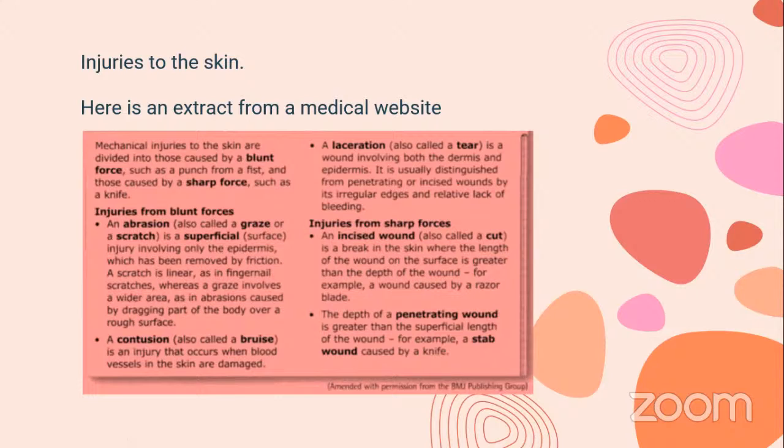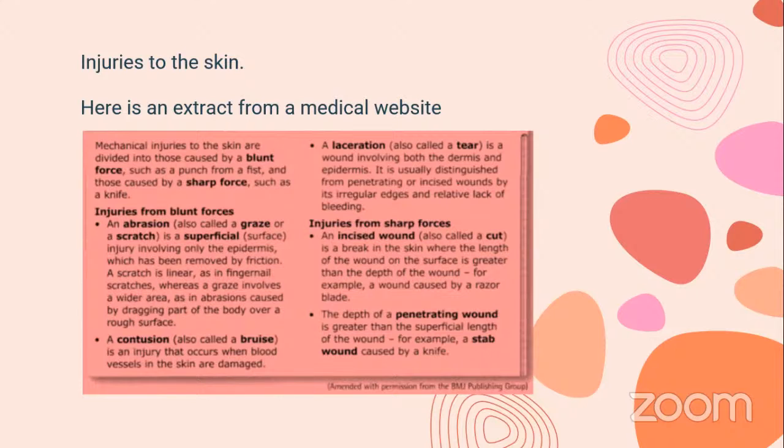Mateo, can you help me reading this part, please? Okay. Injuries to the skin. Here's an extract from a medical website. Mechanical injuries to the skin are divided into those caused by a blunt force, such as a punch from a fist, and those caused by a sharp force, such as a knife.